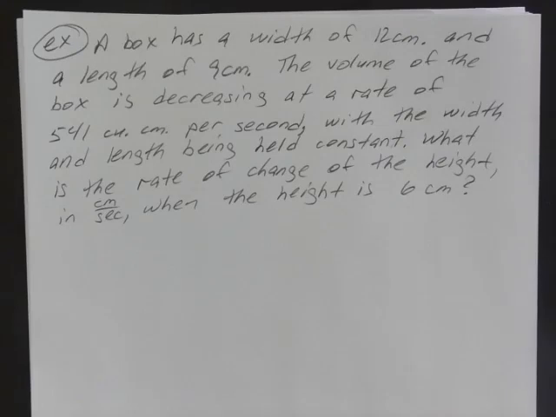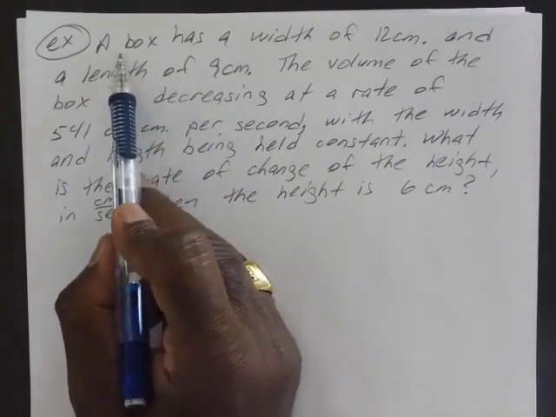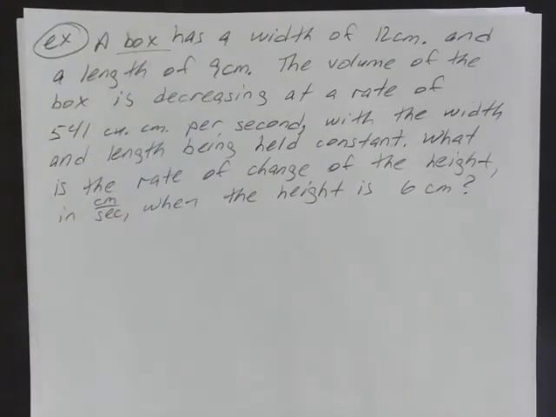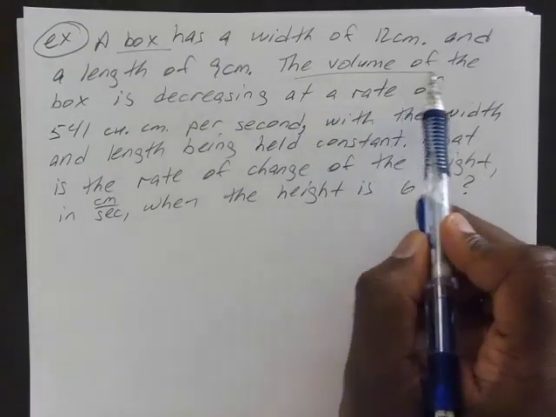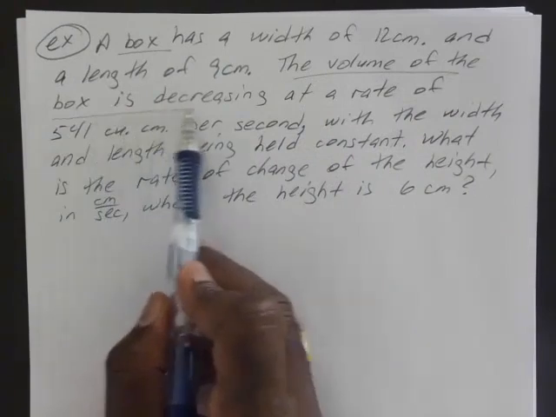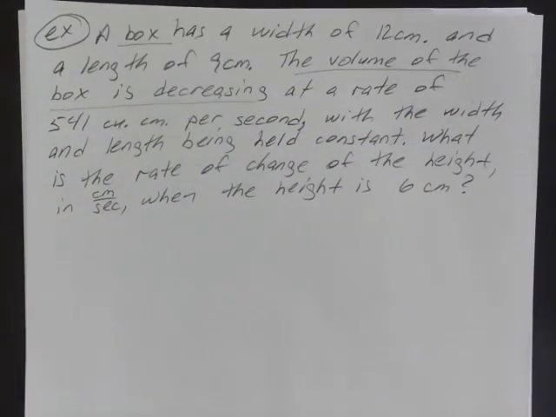Okay, so again, they don't tell us our initial or primary equation, but we know that we're dealing with a box, and they also measure the volume of the box that is decreasing in this case. So we know we're looking for the volume of a box or a cube.